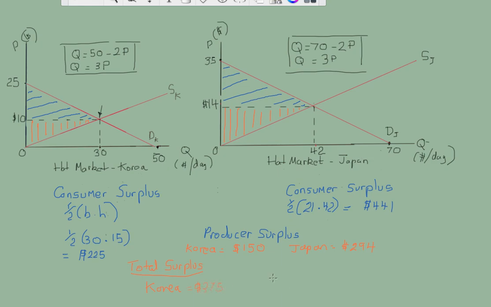And the total surplus in Japan, let's see, so what do we got?